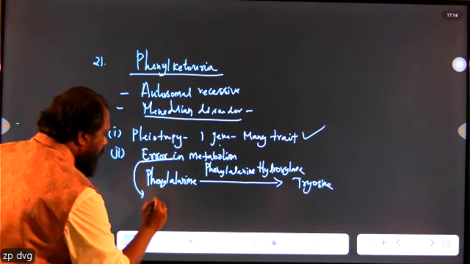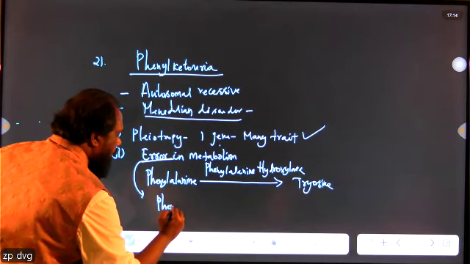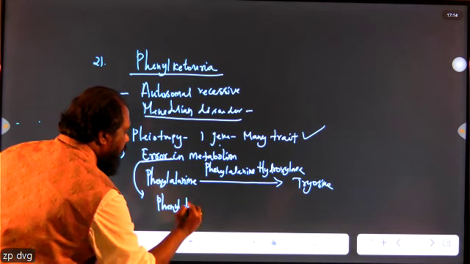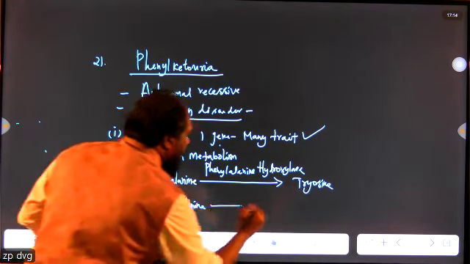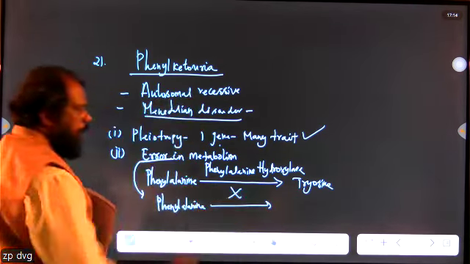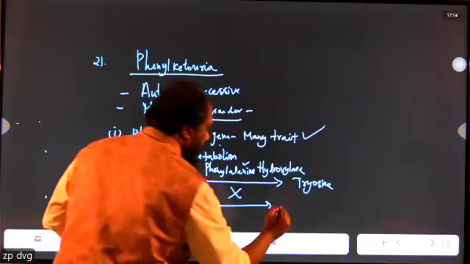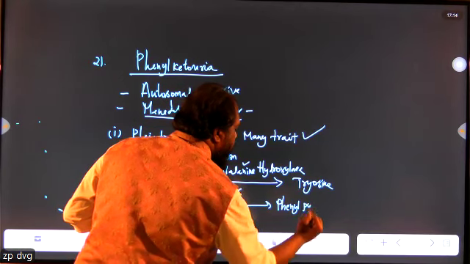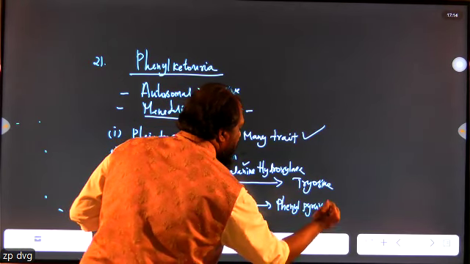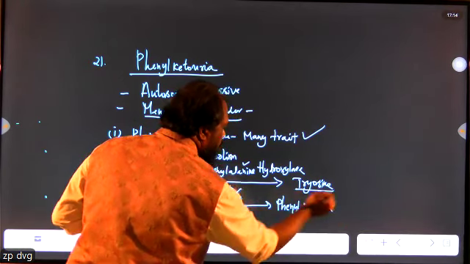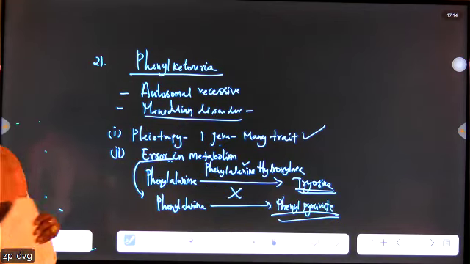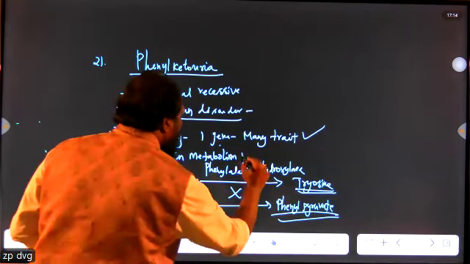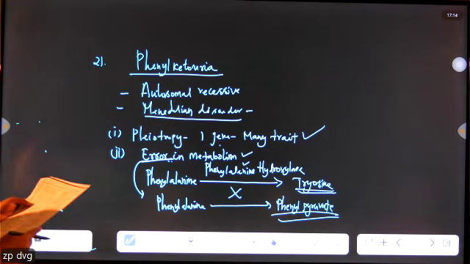That means this enzyme will not be there, and phenylalanine will become phenyl pyruvate. Actually tyrosine should be produced, but now phenyl pyruvate is produced. So it is an error in the metabolism. So option 2 is also a correct statement.